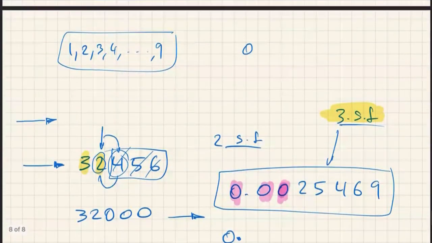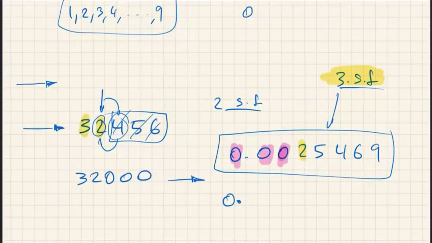Now I will count 1 significant figure, 2nd significant figure, 3rd significant figure, and I want 3 significant figures. So I pin this and check its close right neighbor. The close right neighbor is more than 5, so it will affect it by adding 1. So the number will be 0.00255.